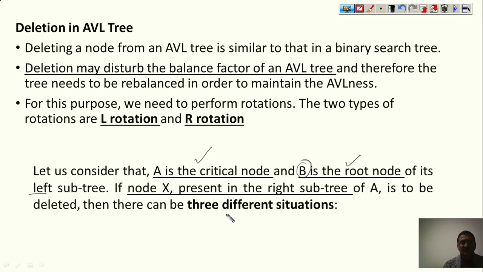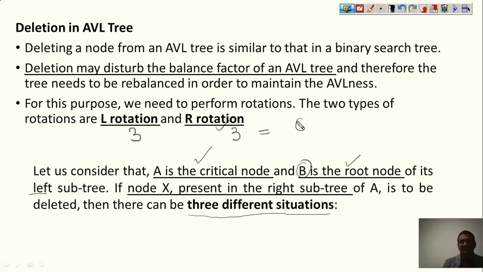Let us assume that the node we want to delete exists in the right subtree. When the deletion is in the right subtree, we are actually talking about the R rotation, and here we have three different situations. So for R rotations we have three situations, and similarly for L rotations we have three situations.